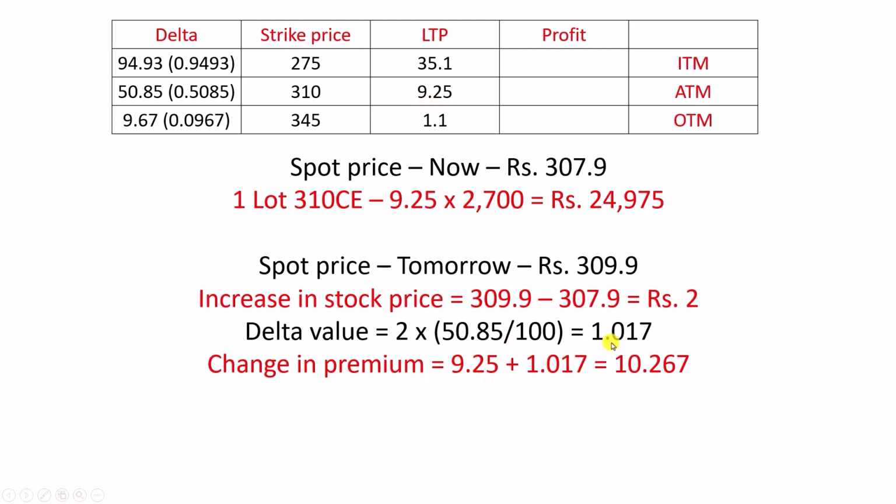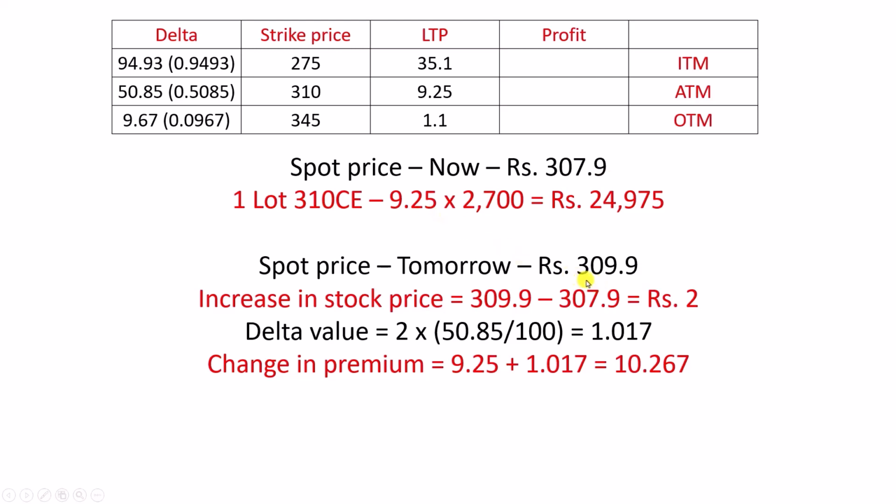So the change in premium would be 9.25 plus the delta value, so 10.267. What is the meaning of this? I had bought one lot of Canara Bank option when the price was at 307.9, by paying 9.25 rupees.